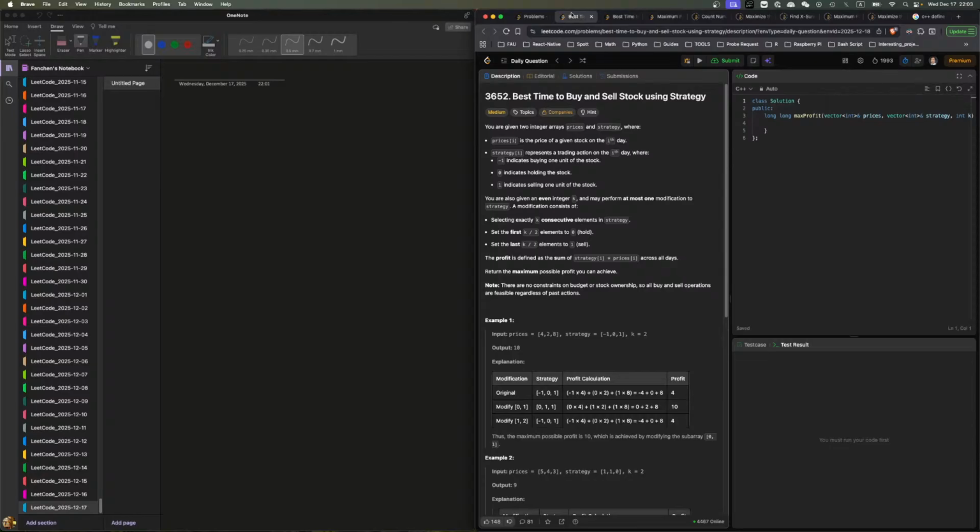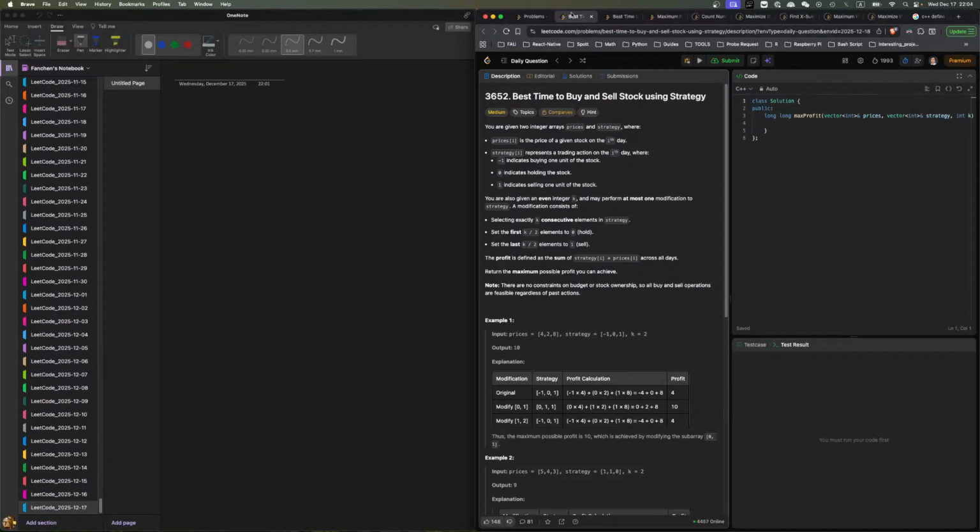Strategy represents a trading action on the ith day, where -1 indicates buy, 0 to hold, 1 is to sell. You're also given an even integer k, and you may perform at most one modification to strategy. A modification consists of selecting exactly k consecutive elements in strategy, setting the first half of them to 0 and the last half of them to 1.